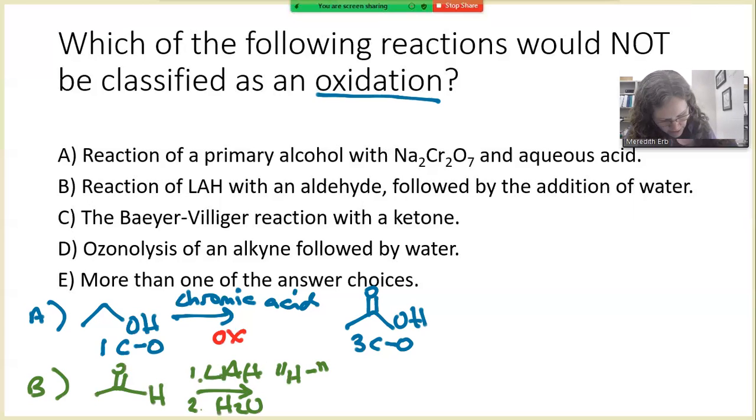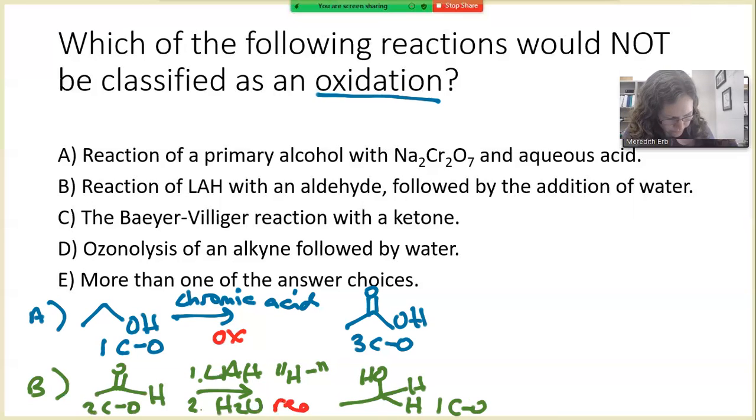And what that's going to do is add a hydrogen atom to the carbonyl carbon. So in this case, we go from 2 carbon to oxygen bonds to 1 carbon to oxygen bond. So this is an example of a reduction, so not an oxidation. I'm going to put a little check next to B, not an oxidation. That's what we're looking for.